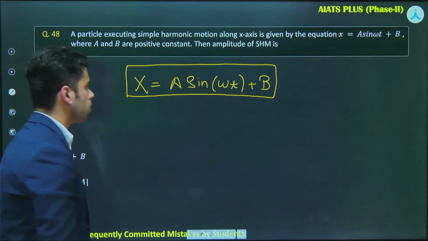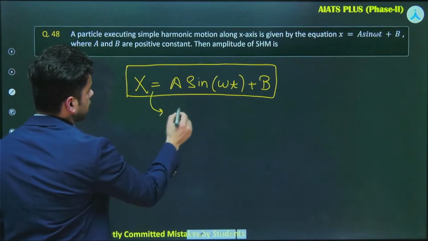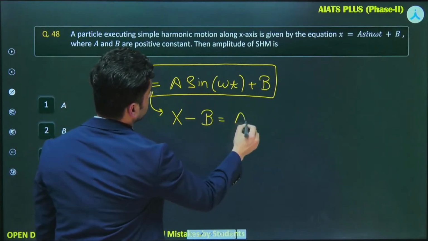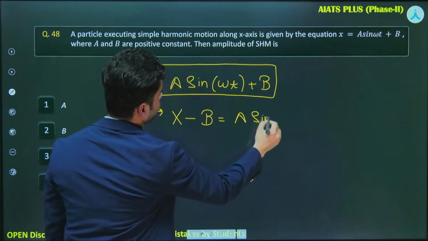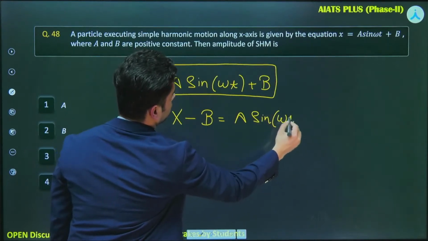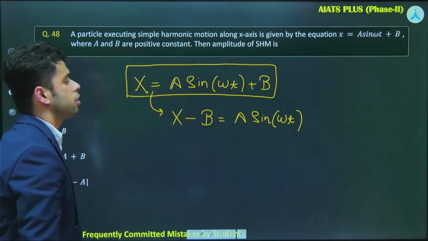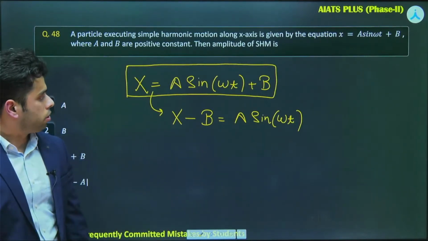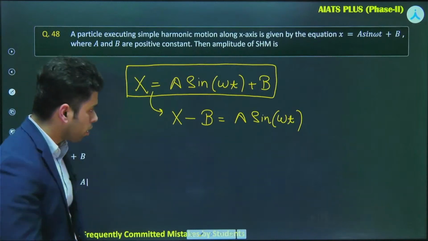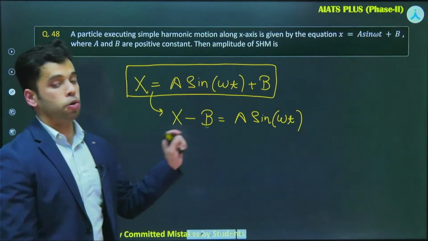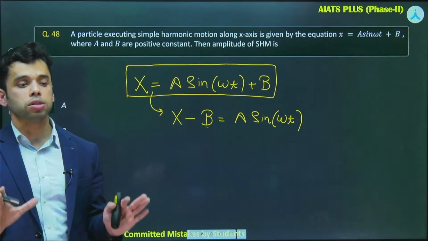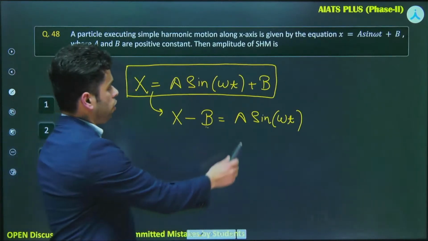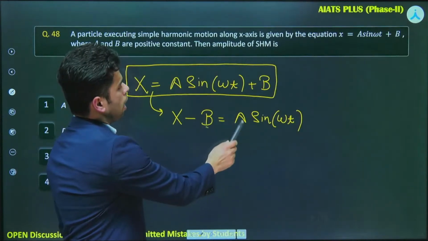If I rearrange this equation, I can write x minus b is equal to a sin omega t. So what is the problem in this equation? Many people must be confused whether this b will be a part of the amplitude or not. That is the most basic confusion that students get in these kinds of problems.